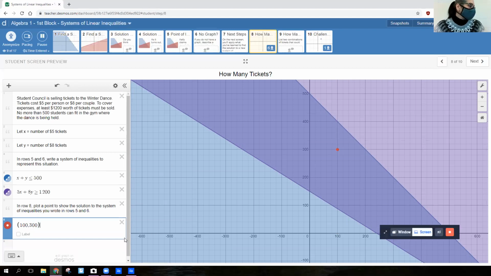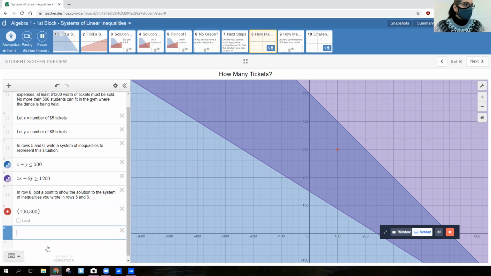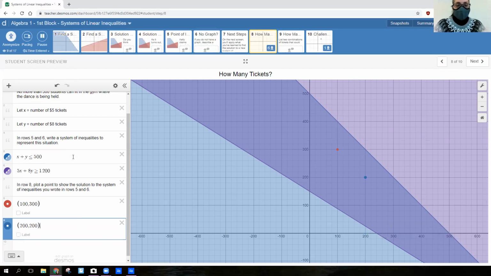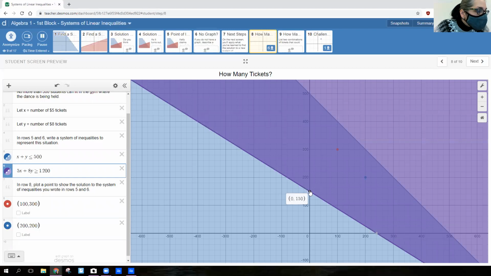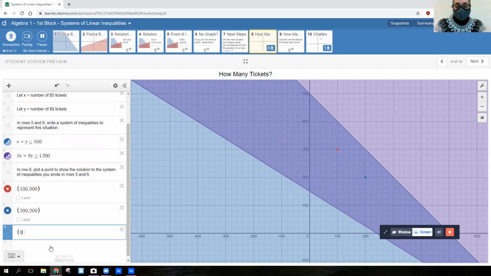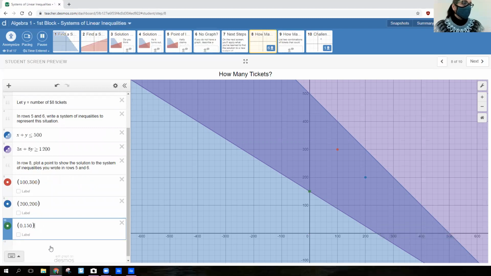Okay, and I'll do a bunch of them so that you can see there's lots and lots of different answers. Okay, so I've graphed 3 of them.